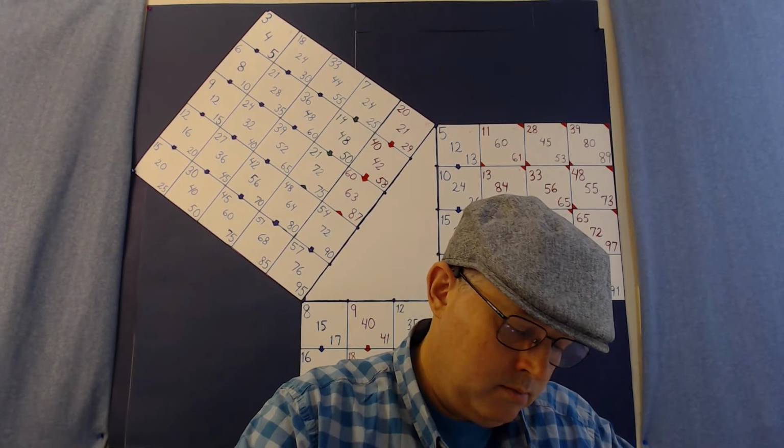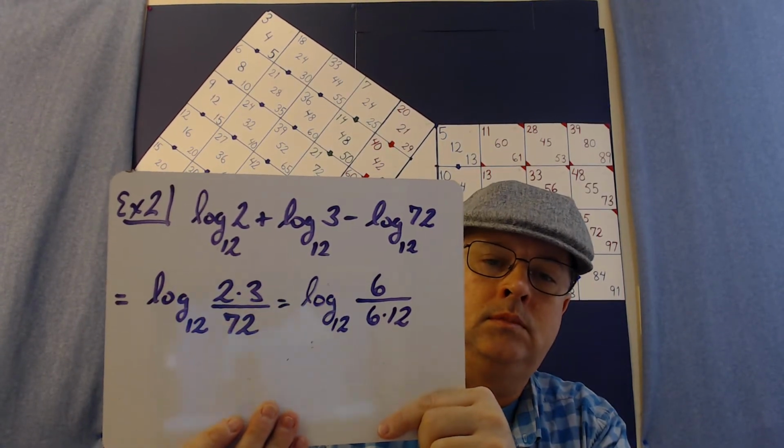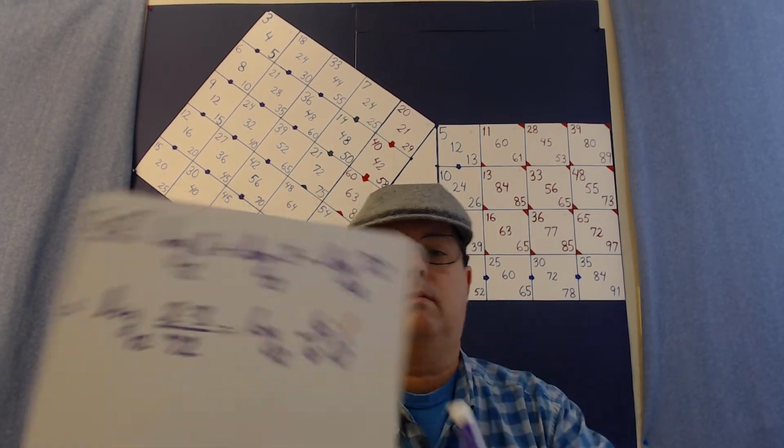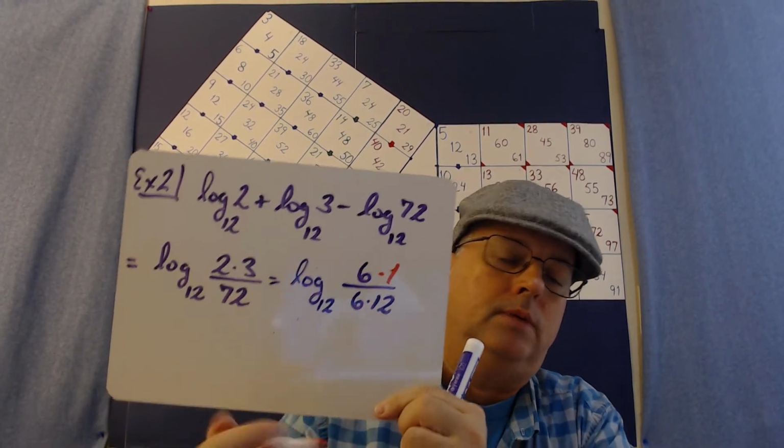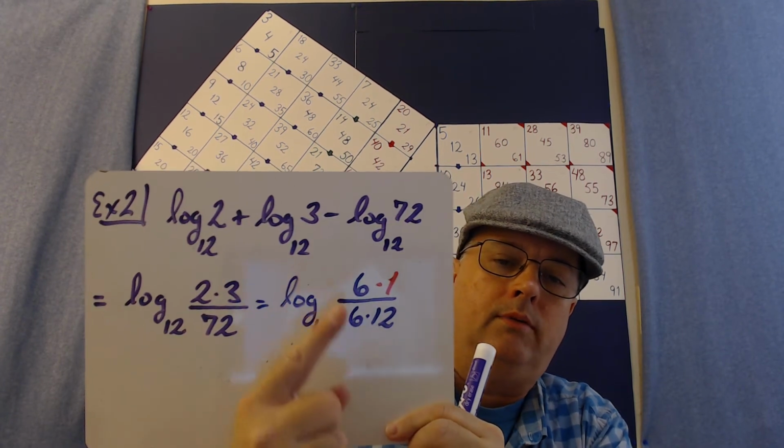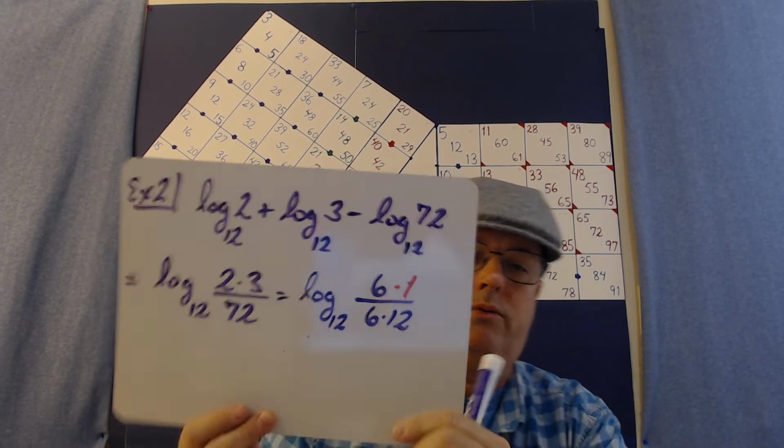Okay, so now this gives us log base 12 of 6, and 72 is 6 times 12, isn't it? Okay, and now let's put a 1 here. Okay, 6 times 1, same thing as 6. And so then we can divide out the 6's and have 1/12.